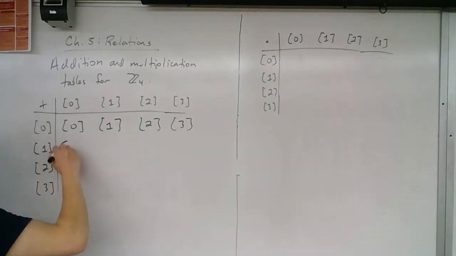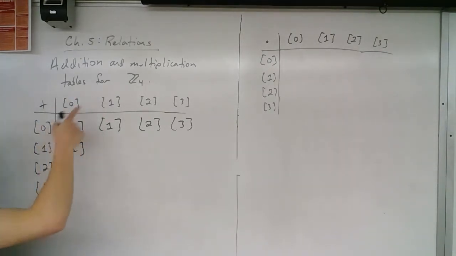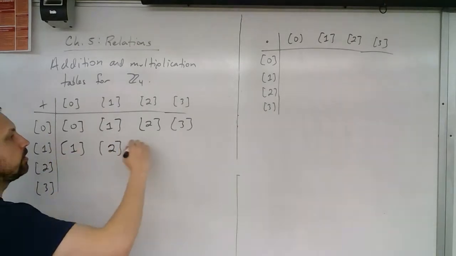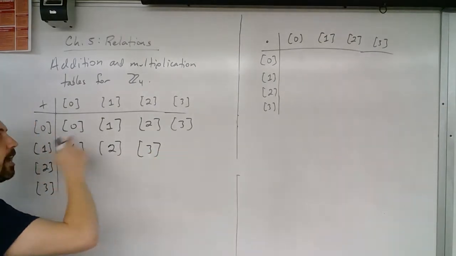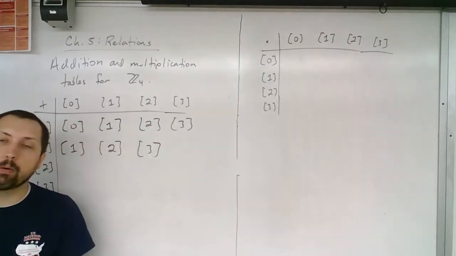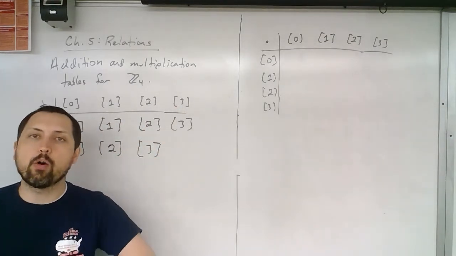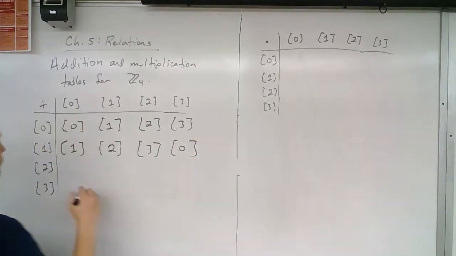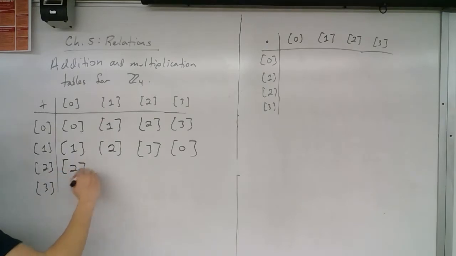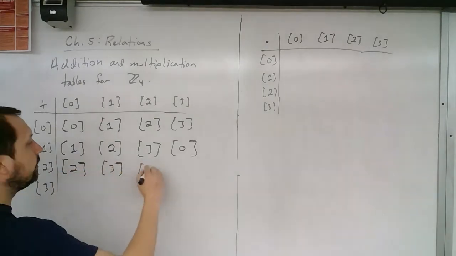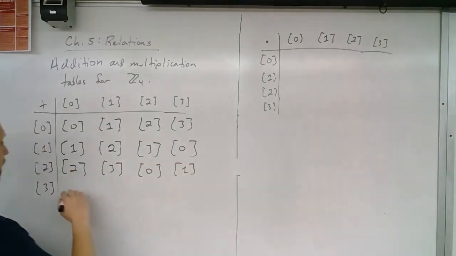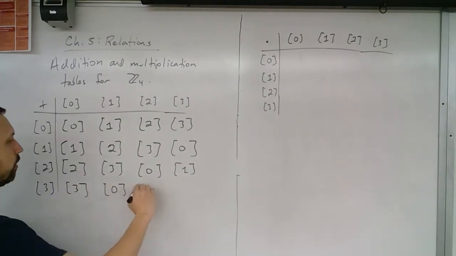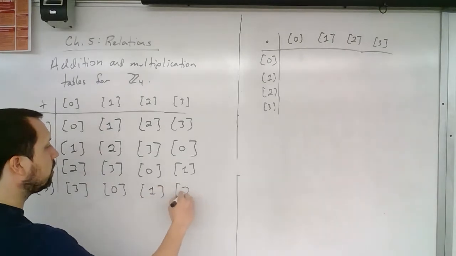I add 1 to each of these. I add 1 to 0. I add 1 to 1, and I get 2. I add 1 to 2 to get 3. I add 1 to 3 to get 4. But remember, we're not really working with the relation class of 4. We're going to simplify that to 0. I now have... this one's going to be 2, 3, 0, 1, and this one's going to be 3, 0, 1, 2.